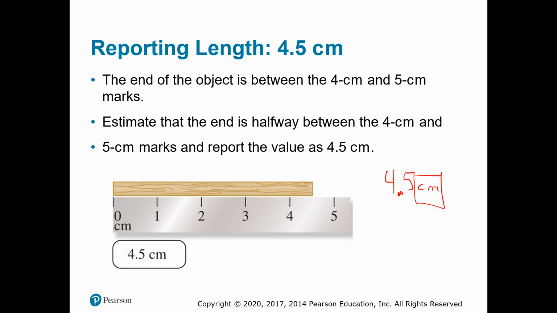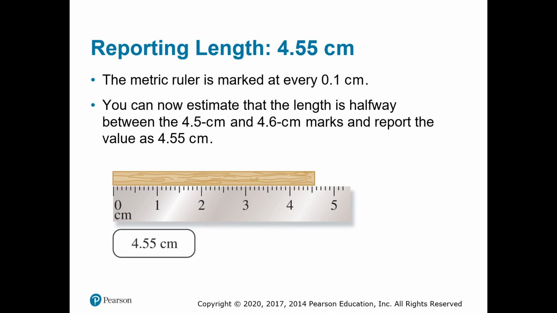Okay, contrast, better ruler. I now have a better tool to work with. So now I can say with certainty that this is 4.5 here and this is 4.6. So I can say these are certain digits. I know it's bigger than 4.5 and less than 4.6.